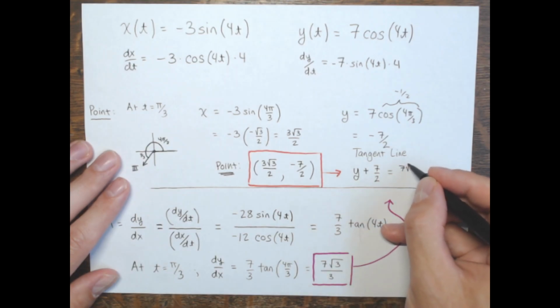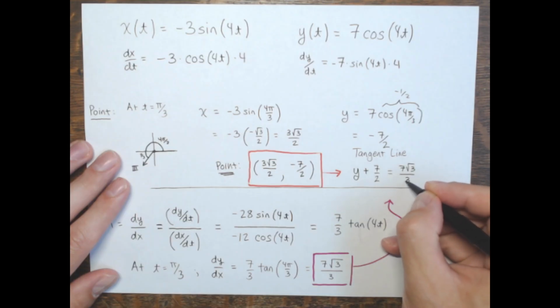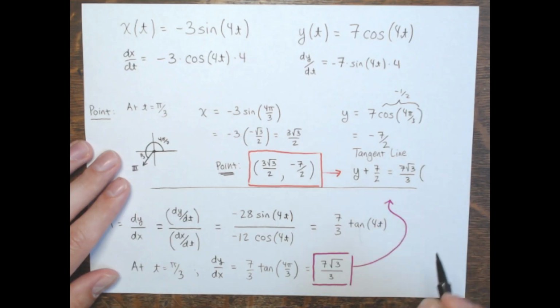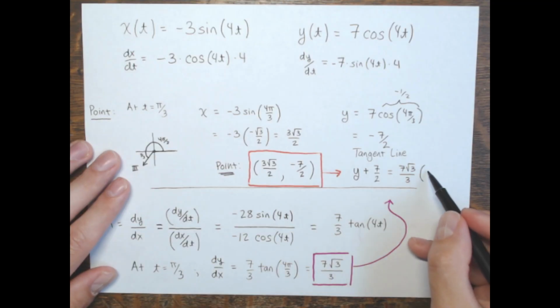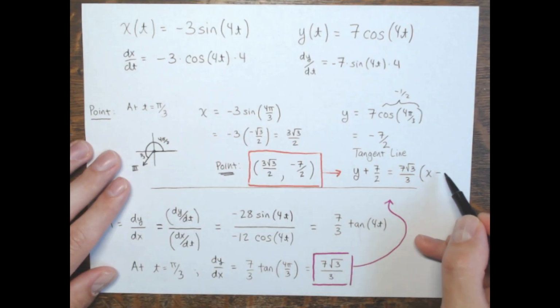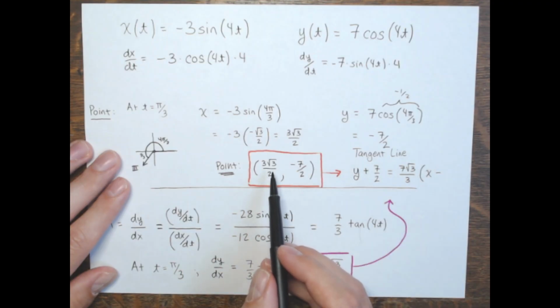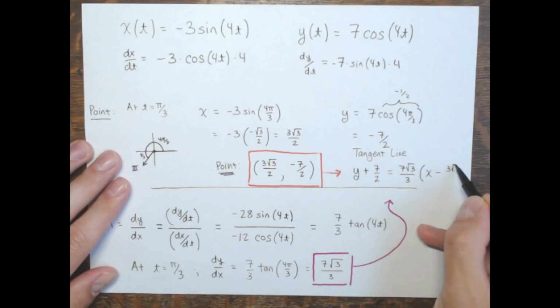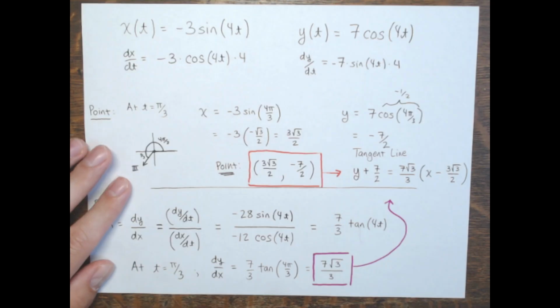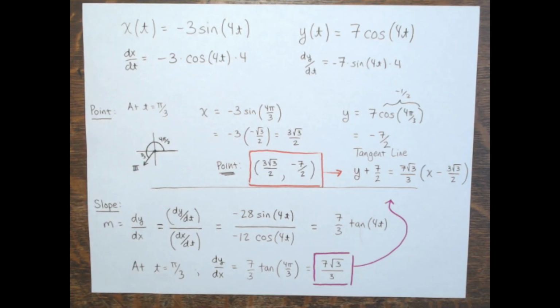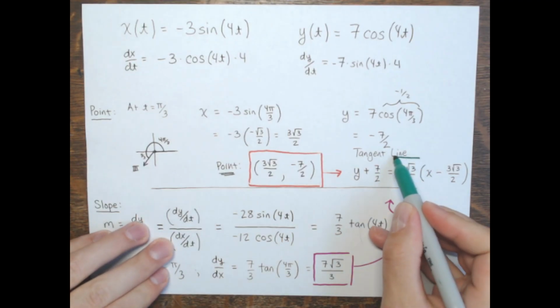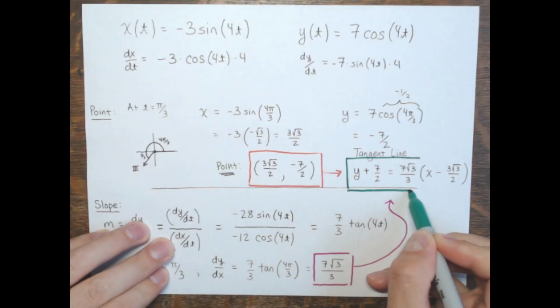So 7 times the square root of 3 over 3 times the quantity, and then the change in x, where we go x minus the x coordinate of our point, 3 times the square root of 3 over 2. And this is fantastic. This is the tangent line that we'd be looking for.